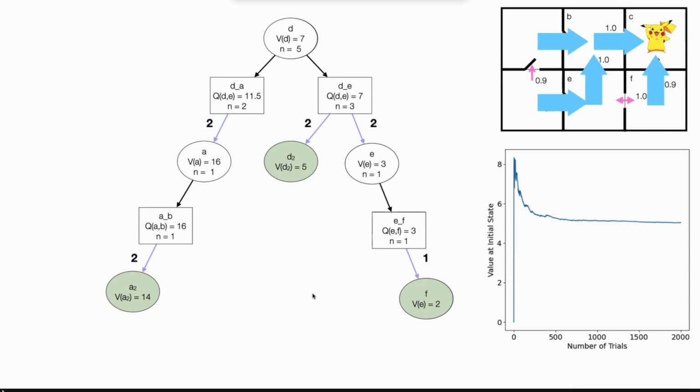And we know from our previous use of value iteration that the optimal value is 4 point something, I think 4.8 maybe. With Monte Carlo tree search, to start with we get a very bad estimate of that value. But over time that value converges. So this shows you that over this number of trials we get closer to the true value.